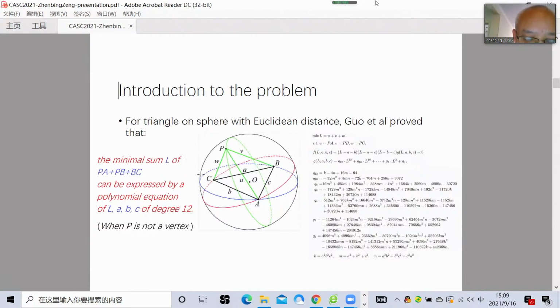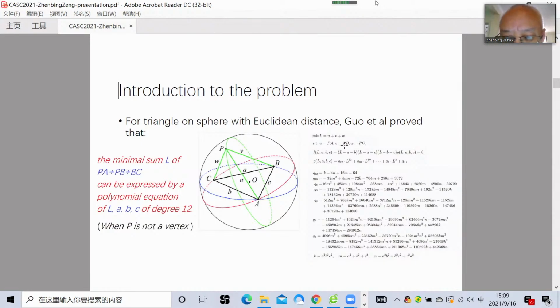For the Euclidean distance, if we are given 3 points A, B, C on the sphere, then we try to minimize the sum of the distances PA, PB, and PC, which we write as UVW.